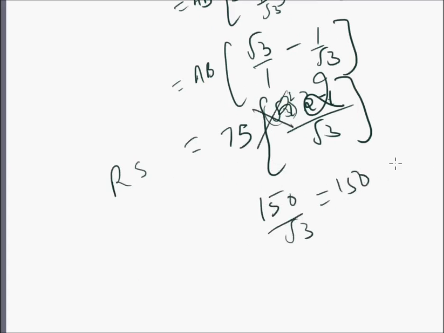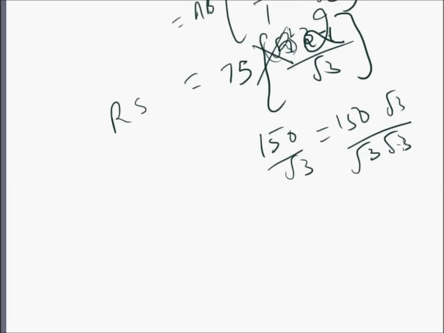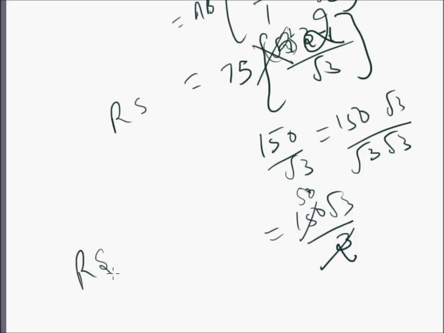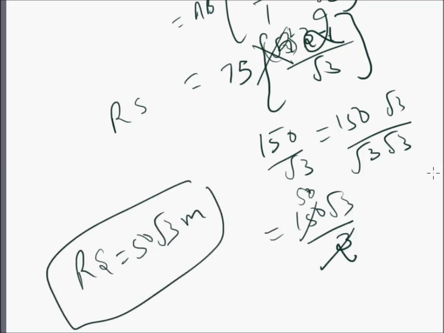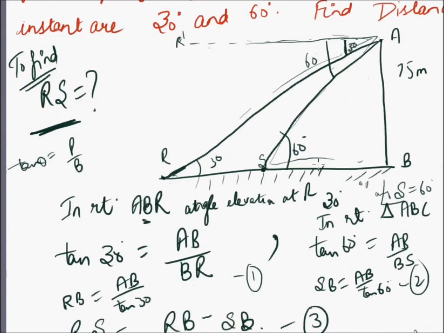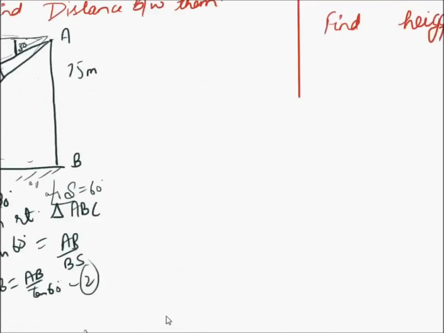So rationalizing, that is multiplying and dividing by under root 3, we have 150 under root 3 over 3. Now 150 is the 50th multiple of 3, so RS will become 50 under root 3 meters. That is, the distance between Ram and Shyam is 50 under root 3 meters.